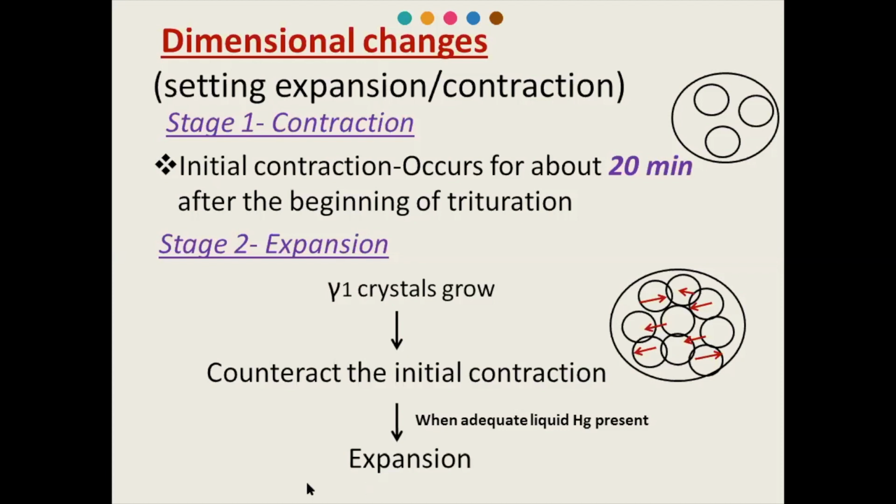Now this expansion occurs when adequate liquid mercury is present. If the mercury is not present, the expansion will stop. So it is said that the mercury should be less, so the expansion will not be more. And once the adequate mercury is used up and the material hardens, it becomes a rigid matrix, and the expansion stops.